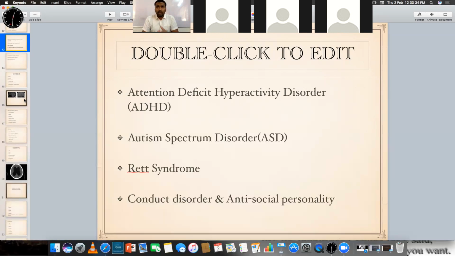Now, what are the side effects of methylphenidate, and how quickly is it going to act? Say there's a child who you have diagnosed from the question stem with attention deficit hyperactivity disorder, and he's been prescribed the best possible drug, which is methylphenidate. How long is it going to take for the drug to act and resolve the core symptoms?